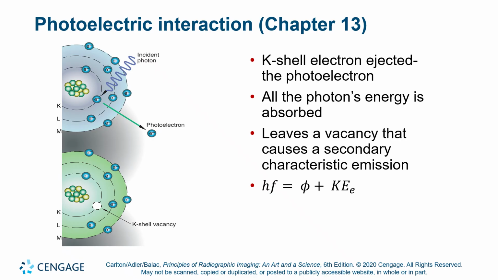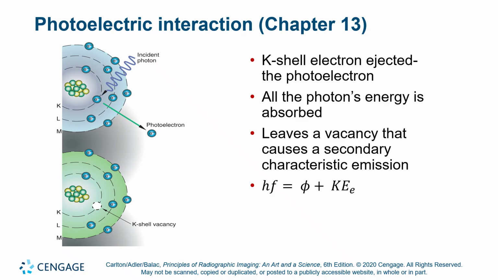When that cascade happens, the conservation of energy says the difference in the binding energy between the outer shell and the inner shell, that energy is a quantity of kiloelectron volts, and it has to go somewhere.